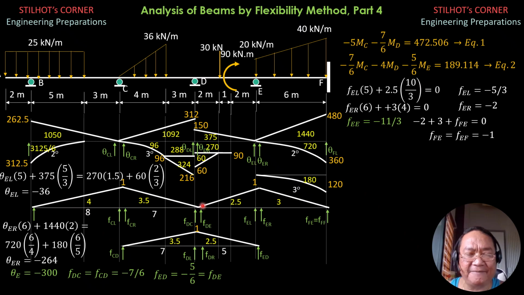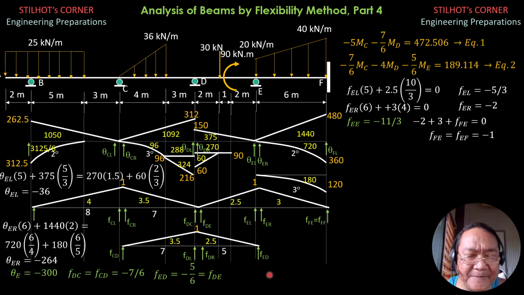So finally, we have established force coefficients for this part, and we already found theta E, which is equal to negative 300. So the equation therefore is FDE, which is negative 5/6 times moment at D, plus FEE, which is negative 11/3 times moment at E, plus FFE or FEF, which is negative 1 times moment at F, plus negative 300 equals 0, so equals 300.